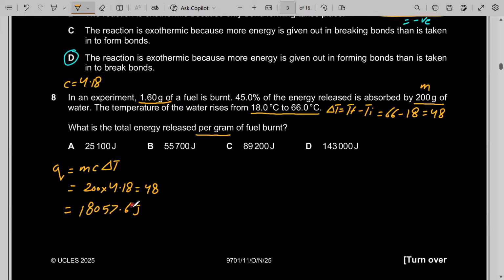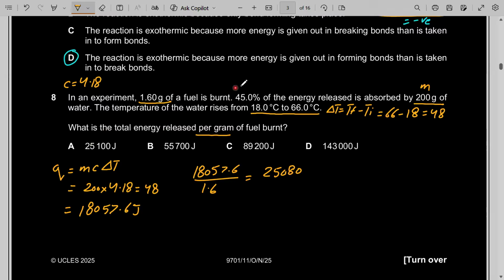This value belongs to 1.6 gram, but we need the value for 1 gram, so 18057.6 divided by 1.6 is now equivalent to 25080 joule per gram. It is just closer to 25100, but this is not the final answer.